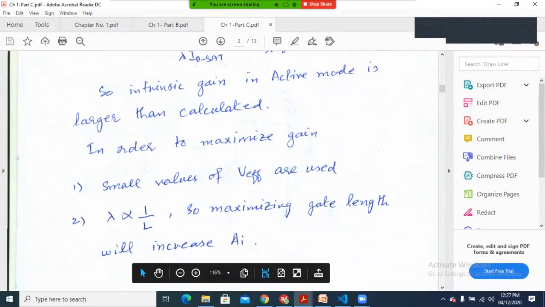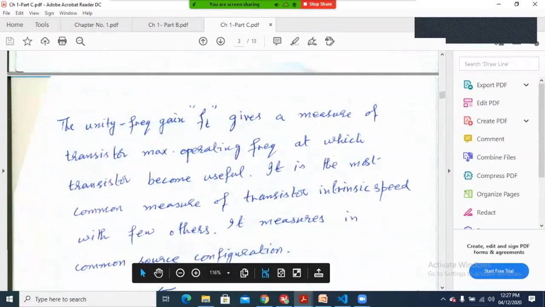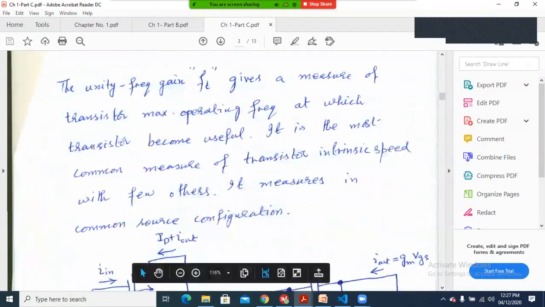Now if we consider the unity frequency gain, this is the maximum operating frequency at which the transistor provides gain. It is the most common measure of transistor intrinsic speed. It is also measured in common source configuration.